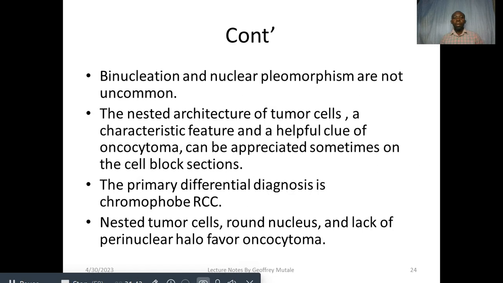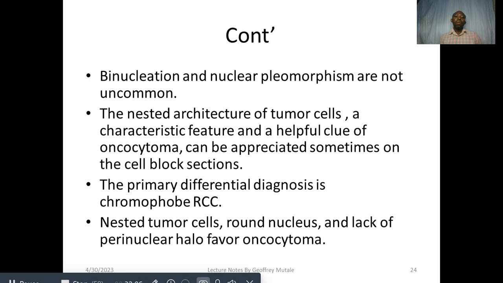There is occasional binucleation and nuclear polymorphism. Binucleation and nuclear polymorphism are not common, but the nested architecture of tumor cells is a characteristic feature and helpful as a clue to an oncocytoma.